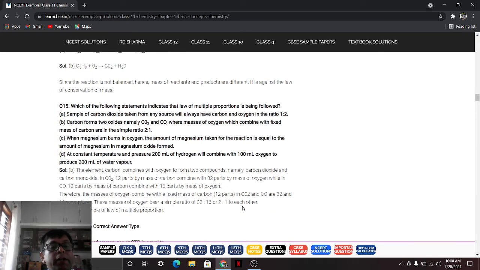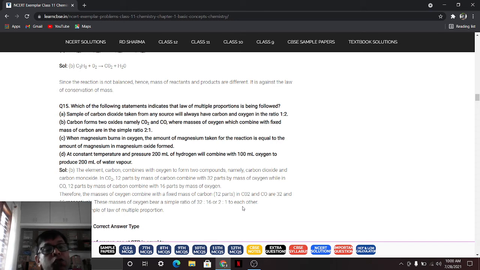Which of the following statements indicates that the law of multiple proportions is being followed? Multiple proportion is followed ಅಂತ ಕೇಳಿದಾರೆ ಇಲ್ಲಿ. Sample of carbon dioxide taken from any source will always have carbon and oxygen in the ratio 1:2.